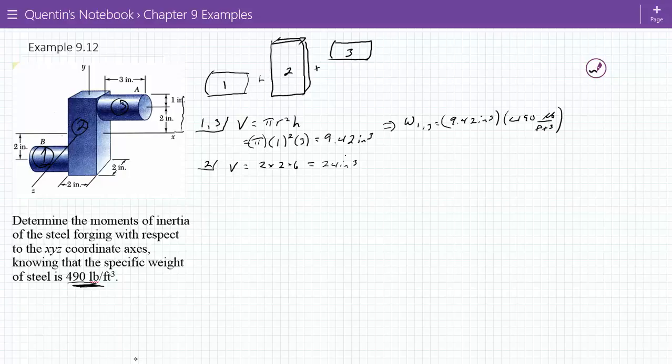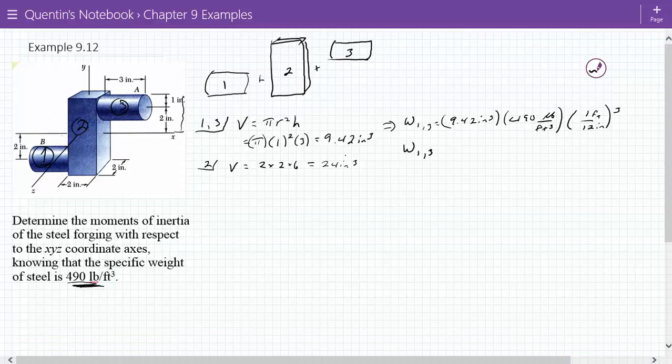So we have feet cubed and inches cubed, so we have to take care of that. In 1 foot you have 12 inches, cubed. So the weight of 1 and 3 ends up being 2.67 pounds. But again, we don't want the weight, we want the mass.